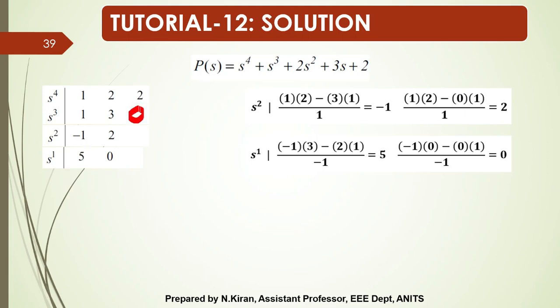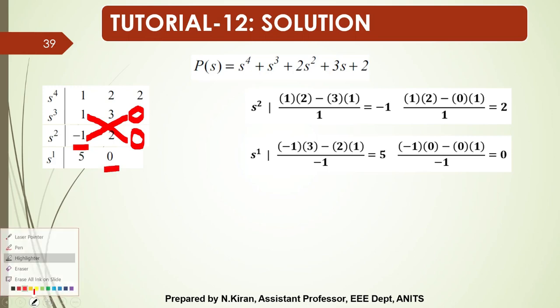Here anyhow the element is 0. Here the element is 0. So minus 1 into 0 minus 0 into 1 divided by minus 1 will give me the value 0, which is the second element in the corresponding row s bar 1.